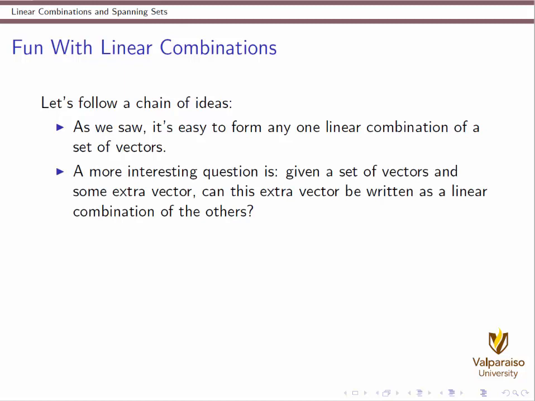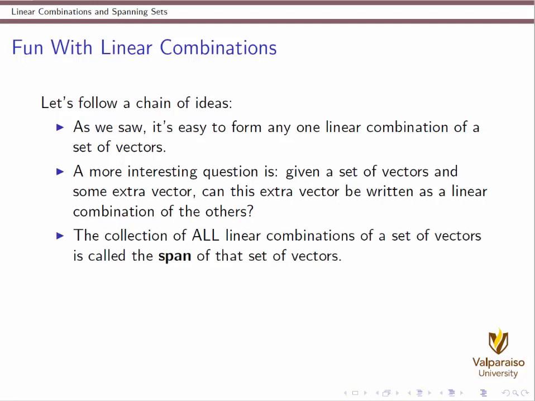The more interesting question is, here's a set of vectors, and here's a new vector. Can this new vector be written as a linear combination of the others? So it turns from forming a linear combination to asking the question, could this vector we have be a linear combination of some others?